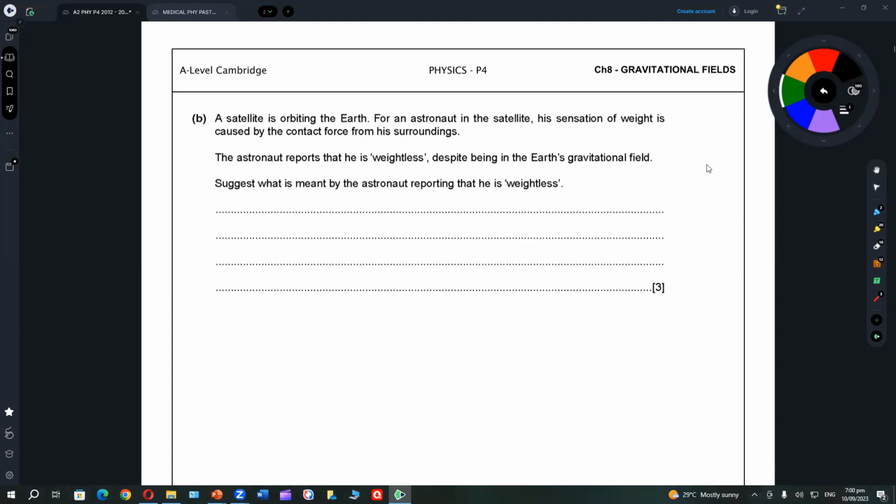The gravitational force, this is a concept we discussed many times. The gravitational force provides centripetal force.